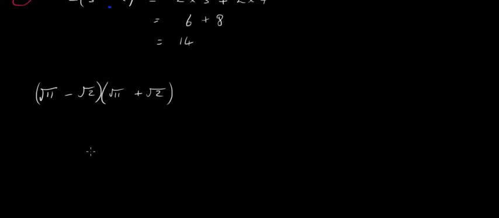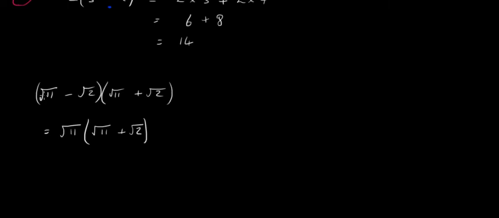When we do these kind of things, you may remember, we take each of these and we multiply it by each of these 2 here. So we're going to take the root 11 and multiply that by this bracket here. So that's times root 11 plus root 2. So you've got to multiply everything in this bracket by everything in this bracket.